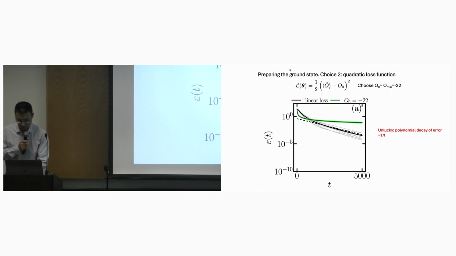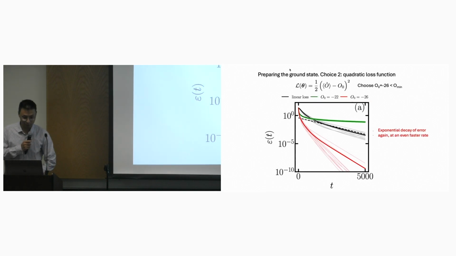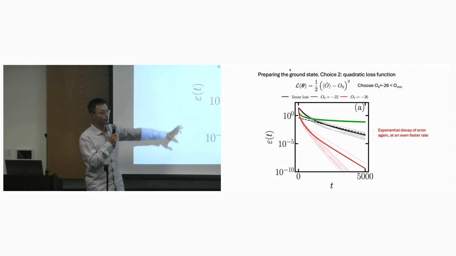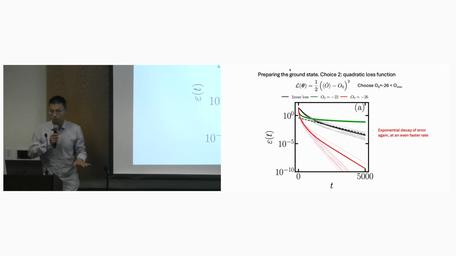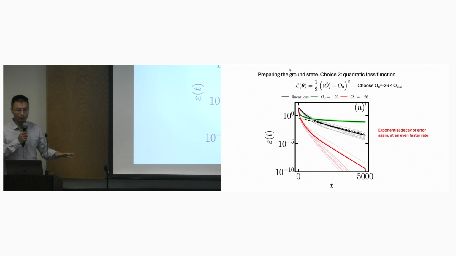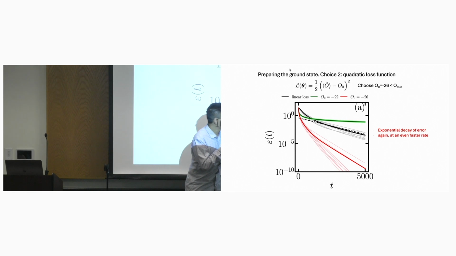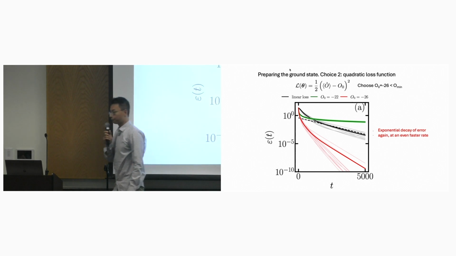This is going to slow you down if you don't solve it. Fortunately, if you further tune O0, the target value, to be below the ground state energy, so you are shooting for something even lower, that actually gets you a faster, exponential decay now. So you're getting away from the polynomial and going to exponential decay again, which is good.